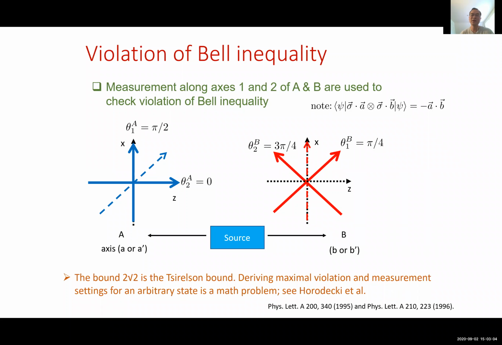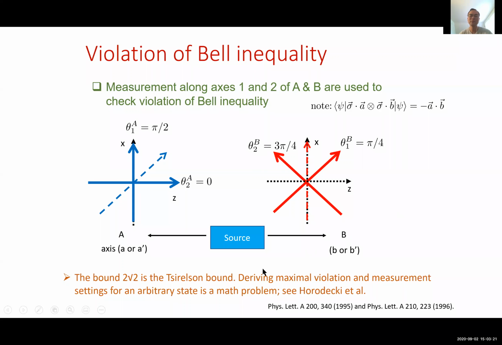But you cannot rule out that maybe there will be other theories that could also give you 2 square root 2. So you cannot rule out quantum mechanics; at least it's consistent.